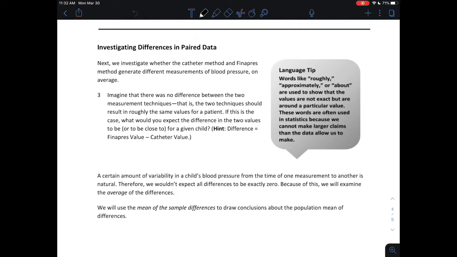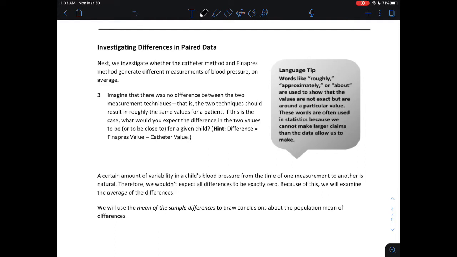Also off to the right where it says language tip, words like roughly, approximately, or about are used to show that the values are not exact but are around a particular value. These words are often used in statistics because we cannot make larger claims than the data allows us to make.